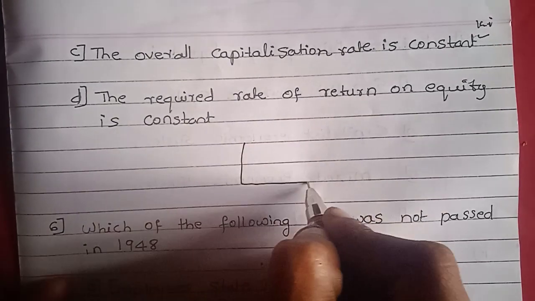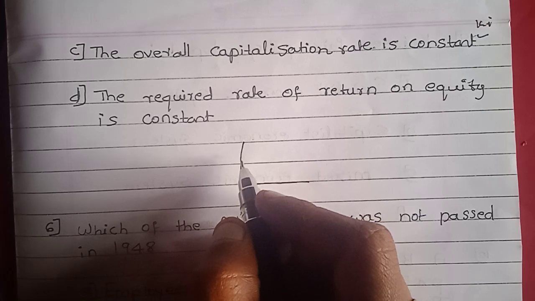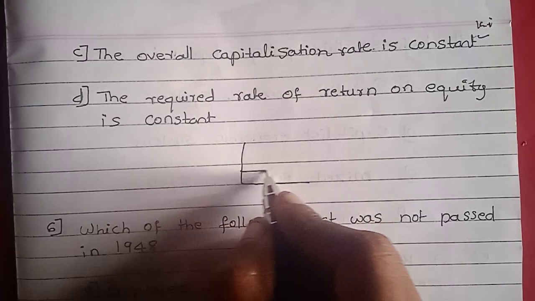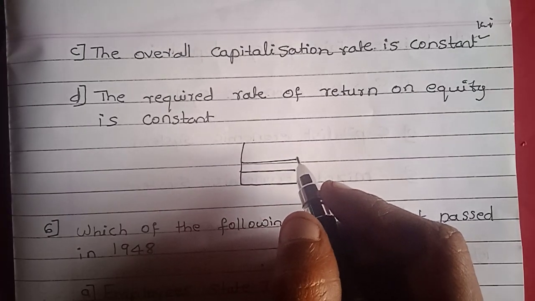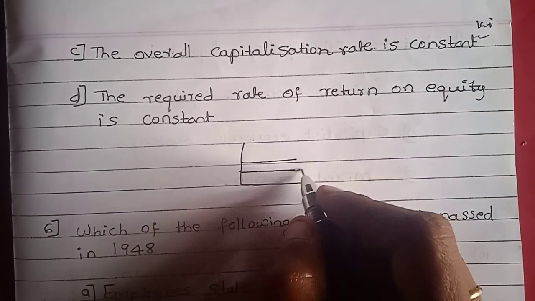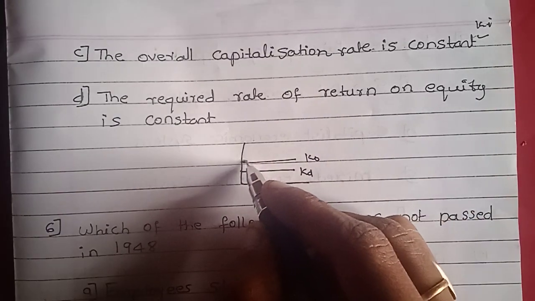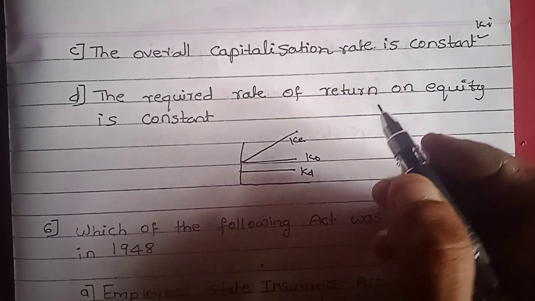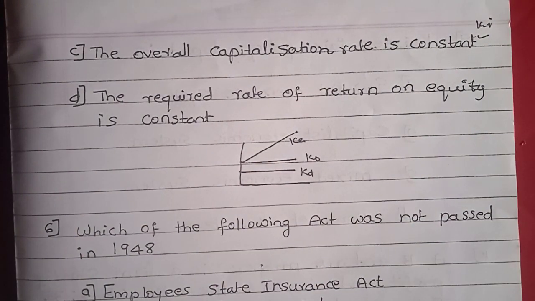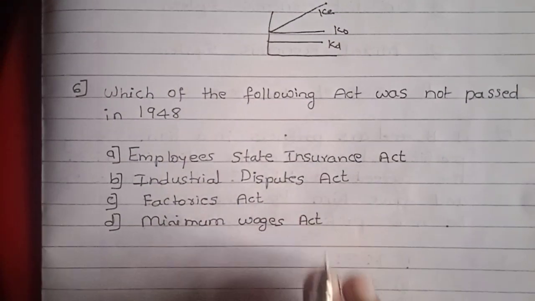It means in the net operating income approach, cost of debt and cost of capitalization, KD and KO, are always constant, but KE changes. KE means cost of equity is not constant. So option D is the right answer.